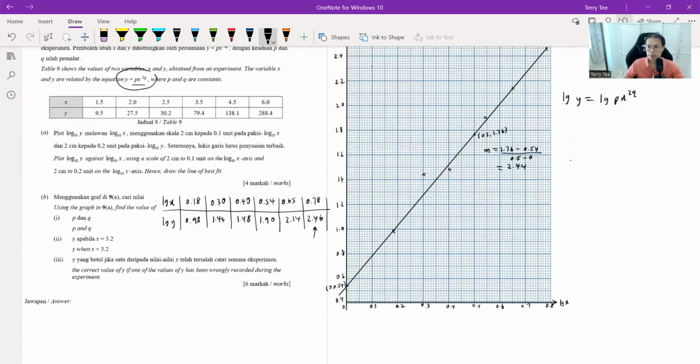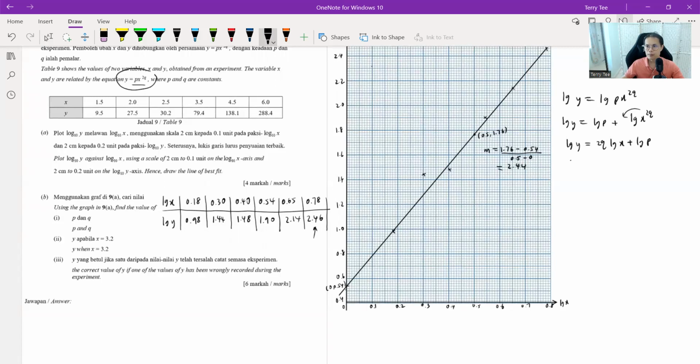Now I'm going to break it up. LGY is now LGB plus LG of x power 2q. That 2q I will bring in front. So LGY equals 2q LGX plus LGB.